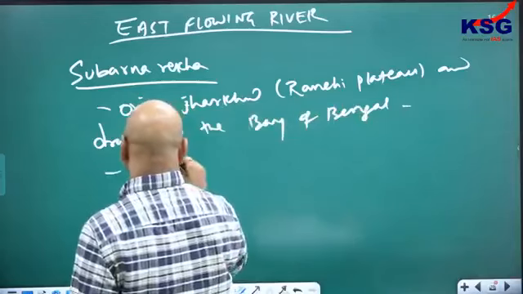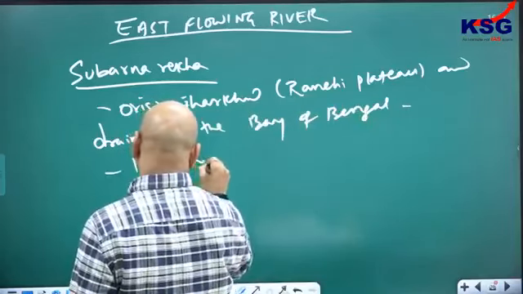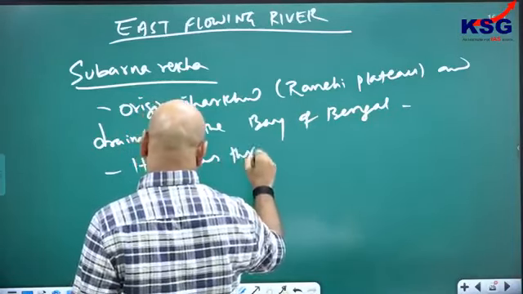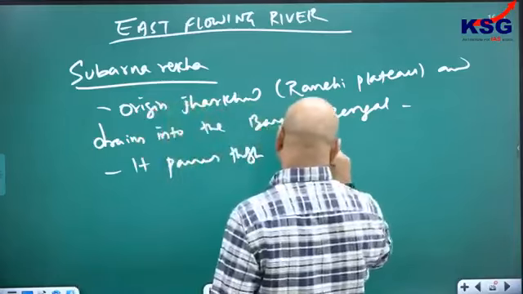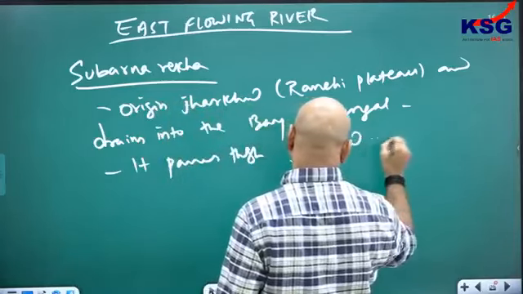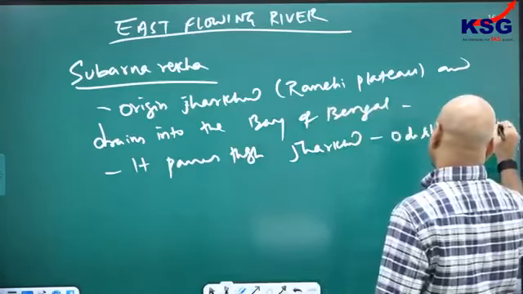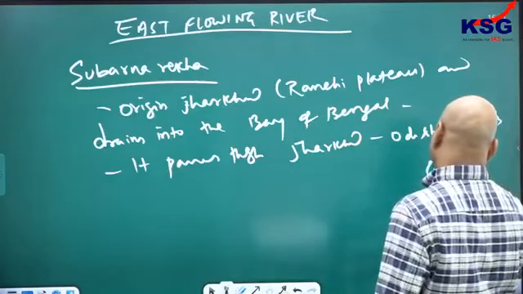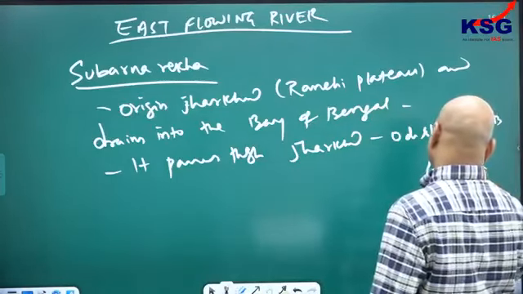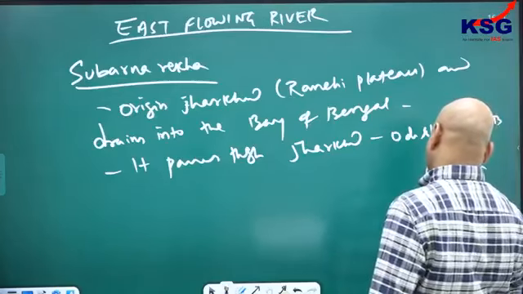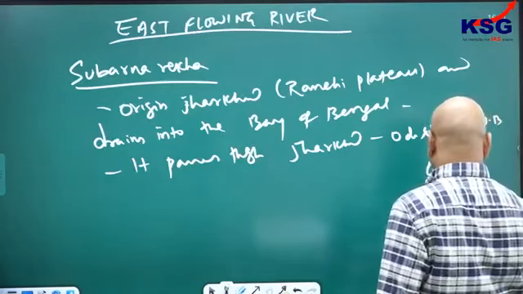It passes through Jharkhand, Odisha, to West Bengal, and again to Odisha, and finally drains into the Bay of Bengal.